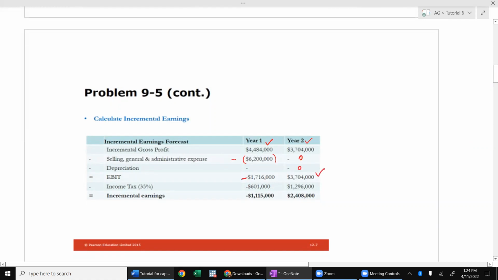Since it's a loss, on loss you don't really pay taxes, right? So it will be a tax benefit, so it will be positive, and your answer will be 1716, negative 1115,000, and in this case 3704, 35% will be tax paid, and this is your profit.